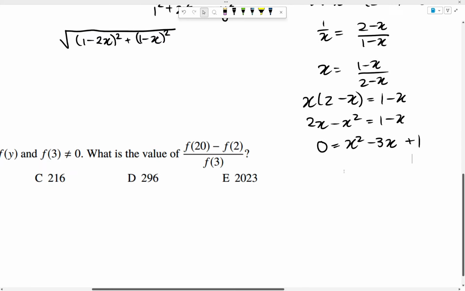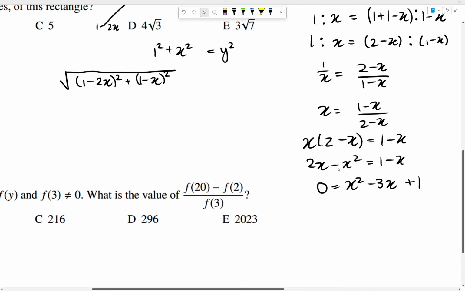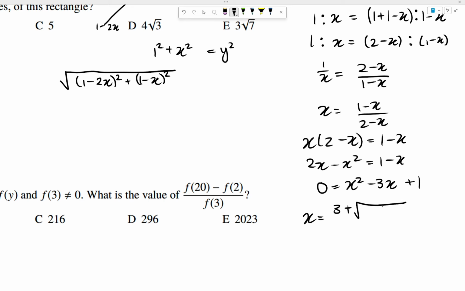And then I think I have to use the quadratic formula. So x is 3 plus, I don't need the minus because that will give a negative length, the square root of 9 minus 4 all over 2, which is 3 plus root 5 all over 2.